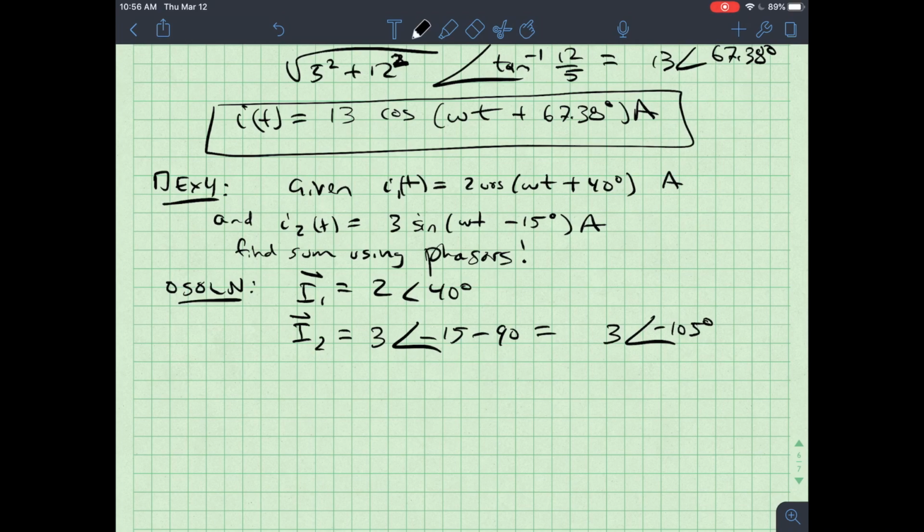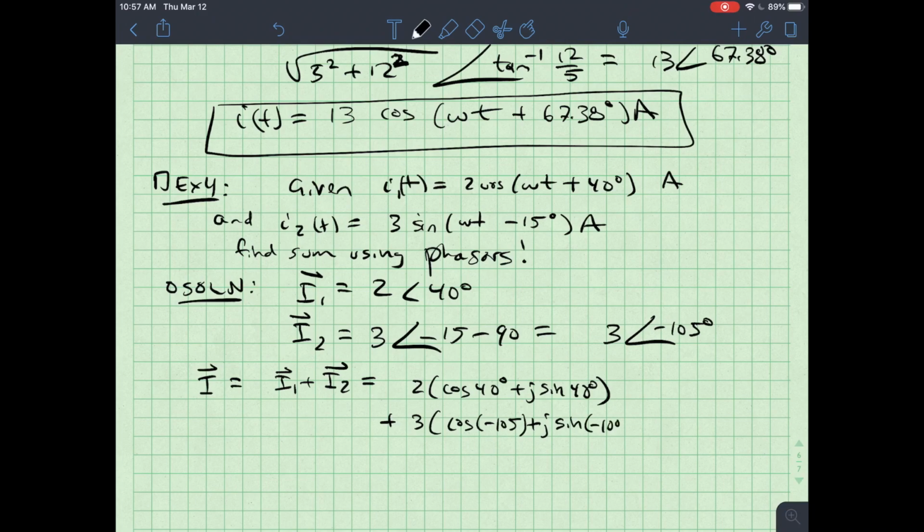Now, to get their sum, I'm going to take I1 plus I2. These are both in polar form, so I need to convert them to rectangular form. So that's equal to 2 times the cosine of 40 degrees plus j sine 40 degrees. I'm putting these in parentheses to write this a little easier. Plus 3 times the cosine of negative 105 plus j times the sine of negative 105.